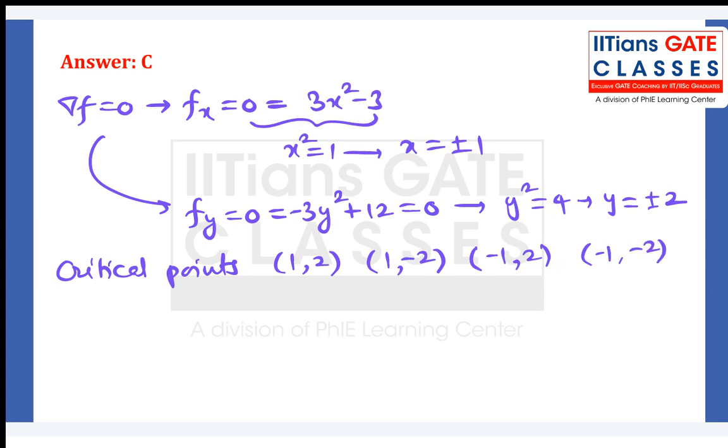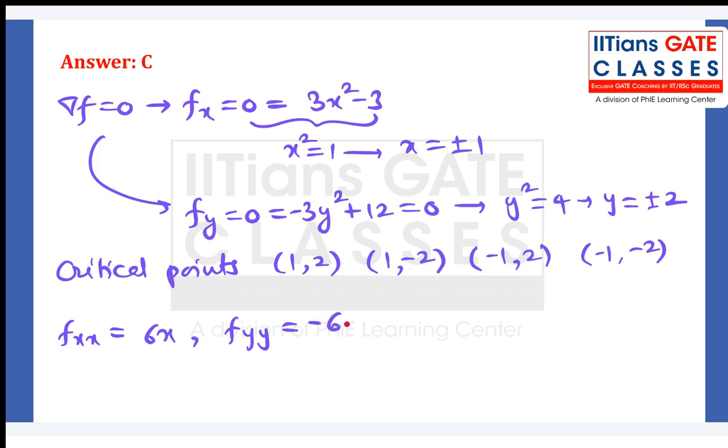Okay, and same. Then you have to do the Hessian test. So for that, you are supposed to check the fxx. So that will be nothing but 6x. Fyy comes out to be minus 6y here.